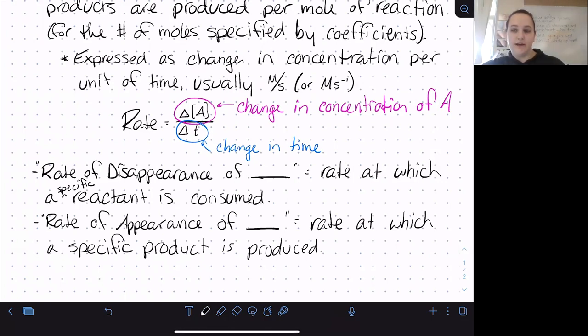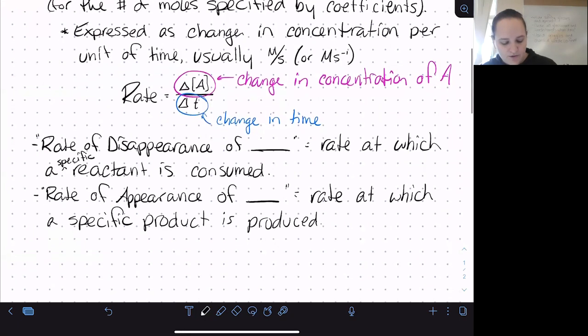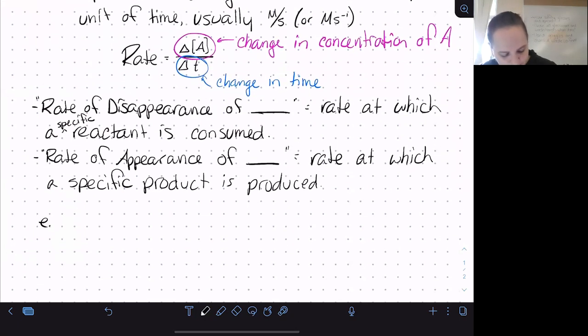So we can relate these rates of disappearance or rates of appearance to the rate of the reaction overall, just using stoichiometry. So for instance, let's say we have the reaction 2A reacts to form 3B.